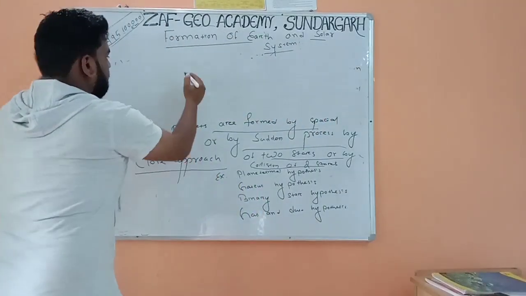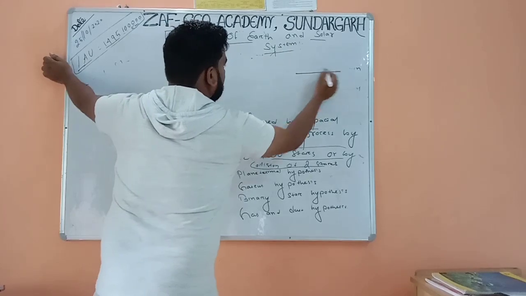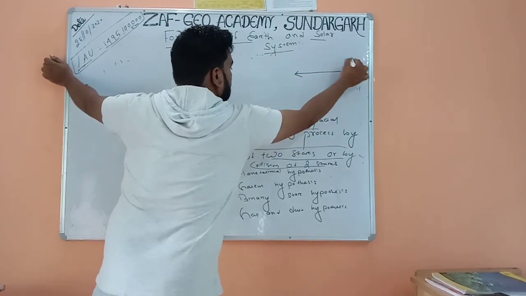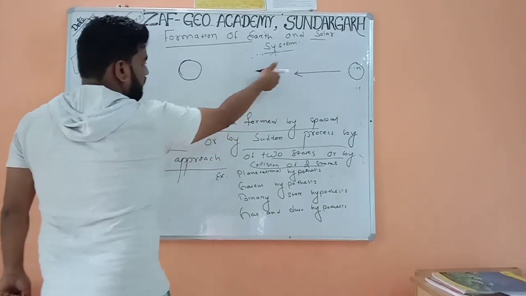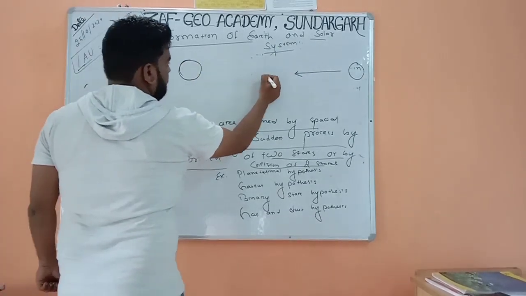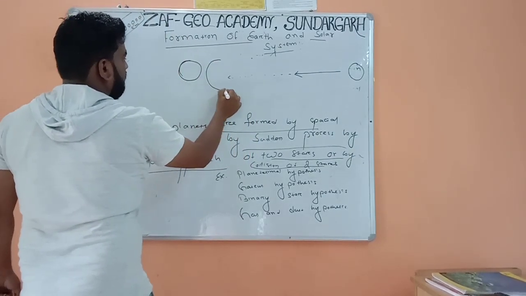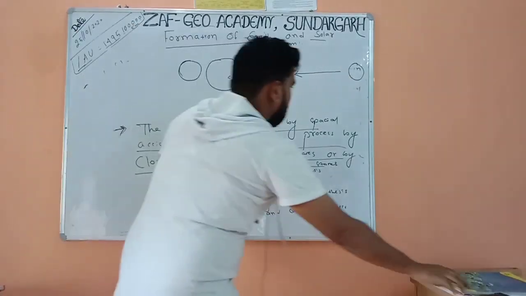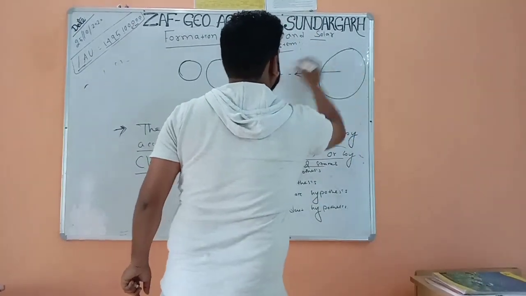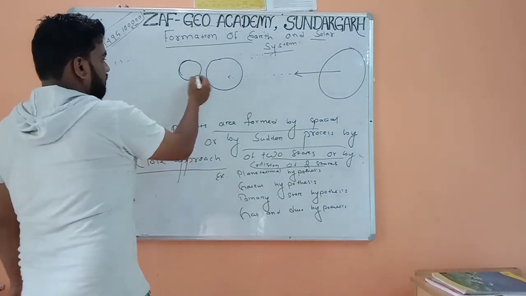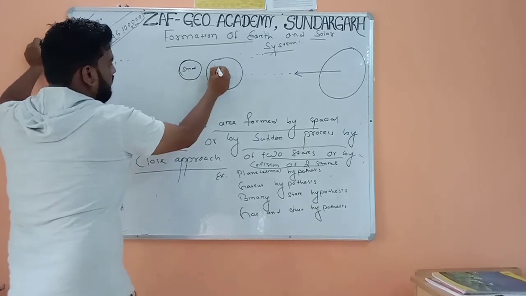Suppose this is one star and another star is coming from this way, and it reaches this point. Suppose this is a big star as compared to the first one, so this is small and this is large.